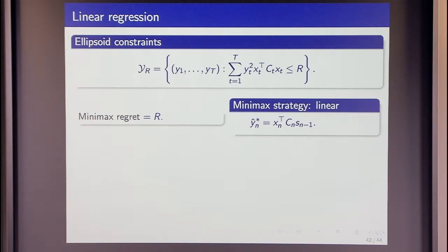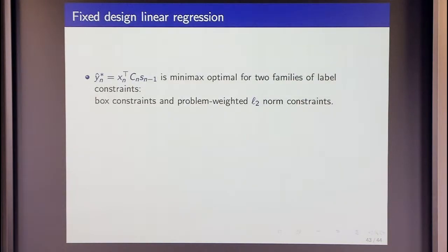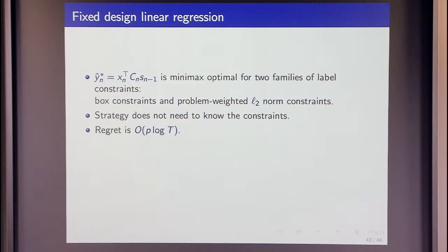It even has a stronger property, an equalizer property: the regret of this strategy for every sequence is equal to the sum of the y squared x transpose Cx. So in particular, if you're on the surface of the ellipsoid, every sequence has exactly that regret, which is kind of striking and analogous to what happens in the log loss case, this normalized maximum likelihood case. All right, so the strategy doesn't need to know the constraints.